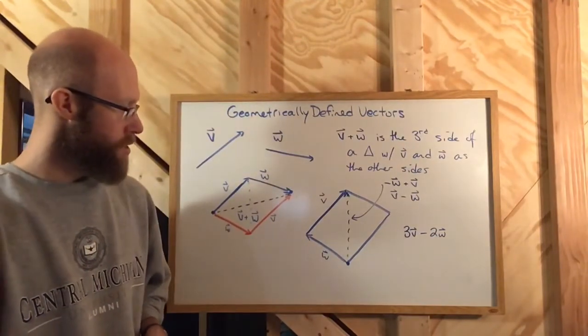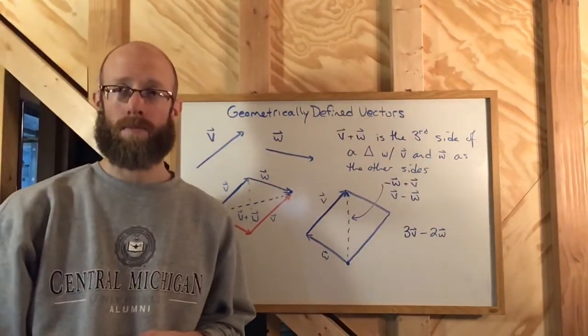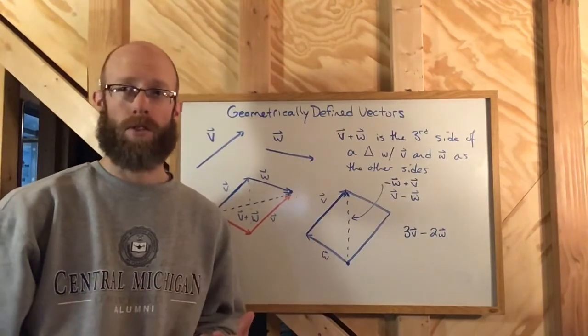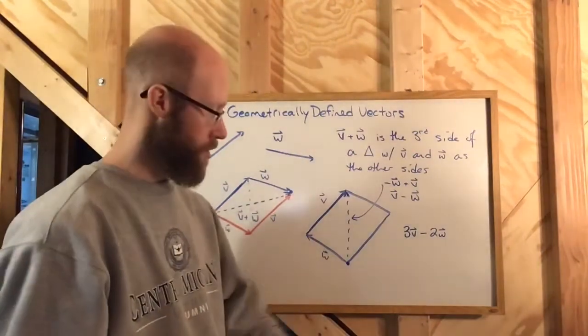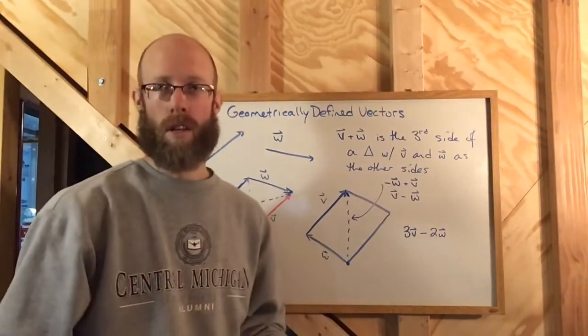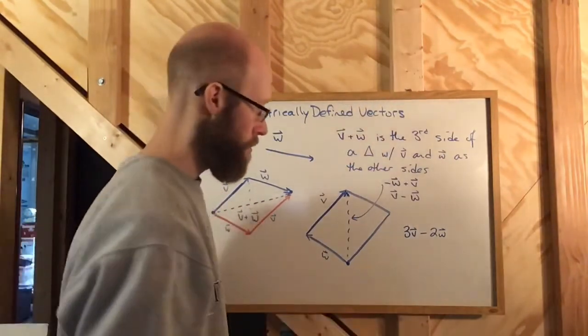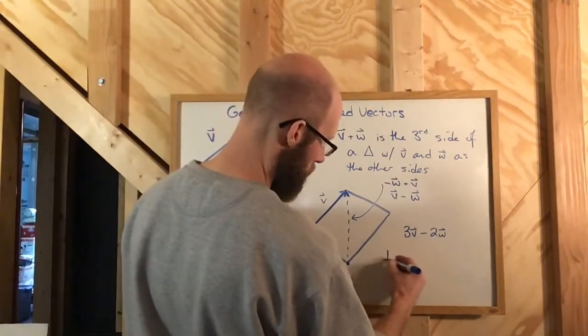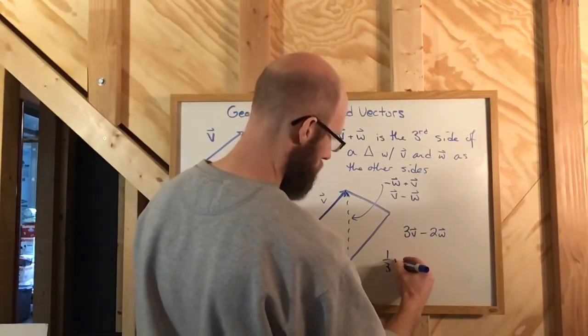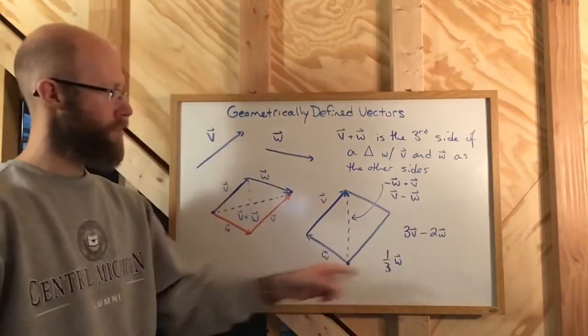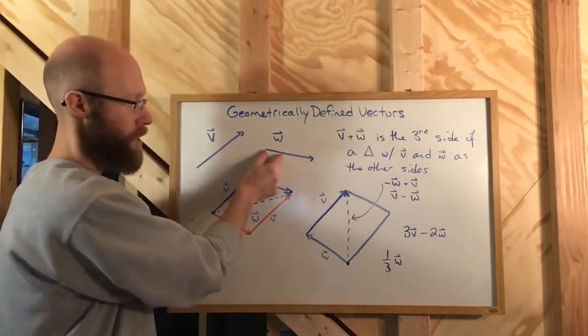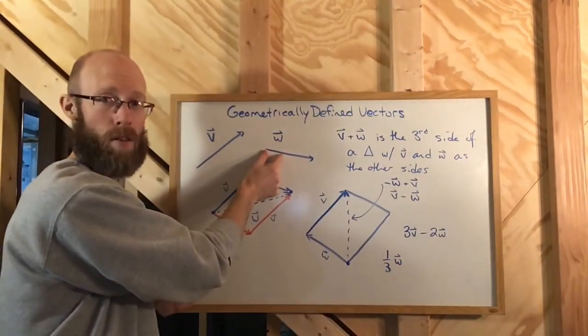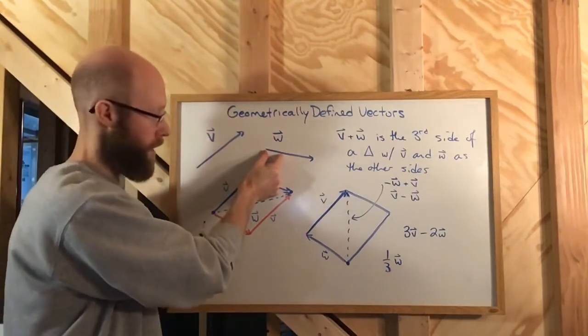Okay, so we can also multiply by other scalars or numbers. A scalar is just a number, it's like a real number. But you could do something like 1/3 of w, right? 1/3 of w is simply the same direction or angle as w, but only taking 1/3 of its length.